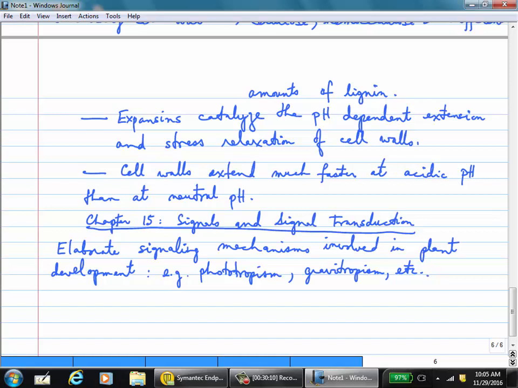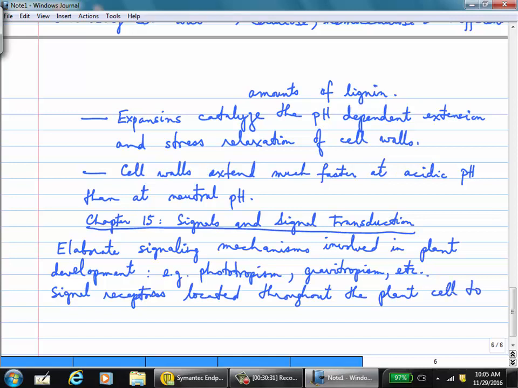So signal receptors located throughout the plant cell to respond to environmental and developmental stimuli.